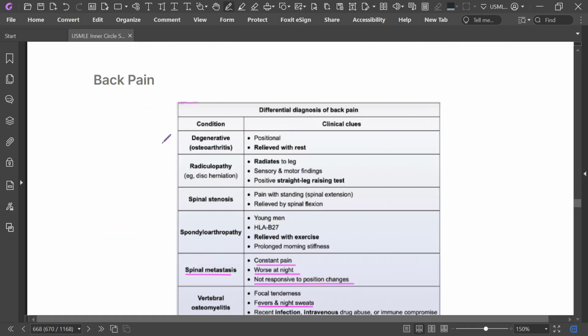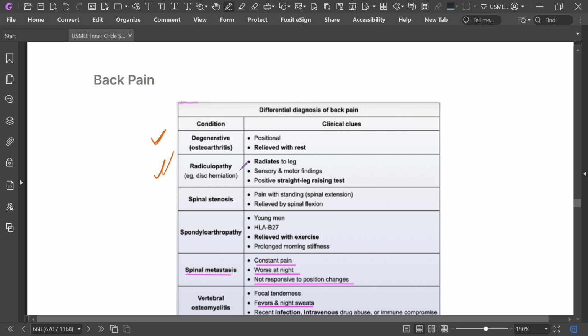Degenerative osteoarthritis is positional, relieved with rest.